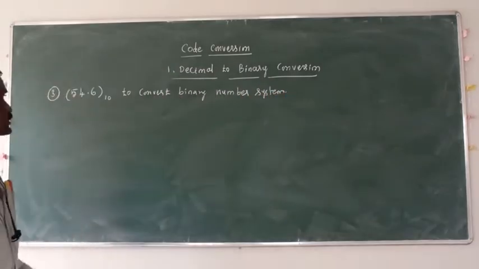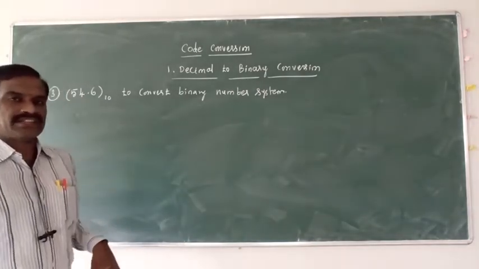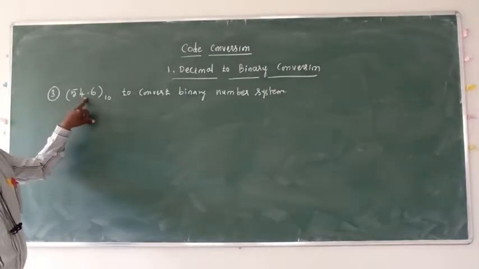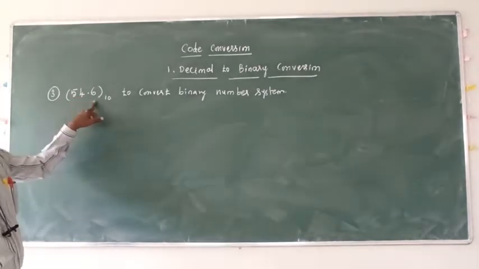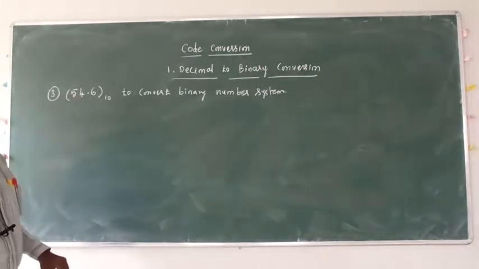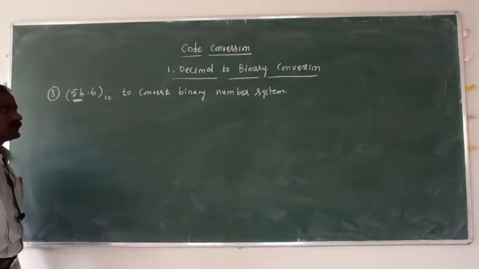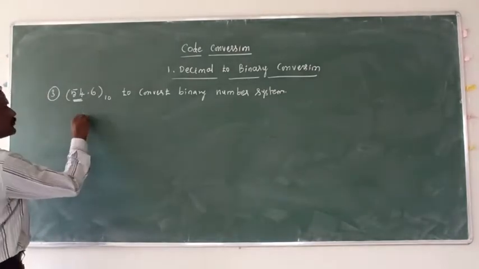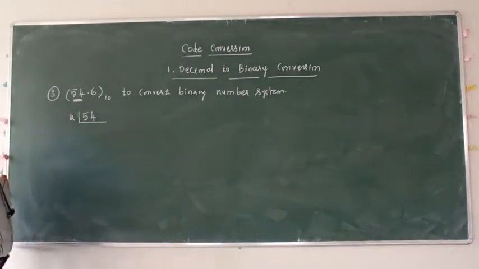Here the given number is 54.6, a combination of two numbers: before the decimal point as well as after the decimal point. First we have to find the corresponding binary of 54. To find the binary of 54, we have to divide by 2.